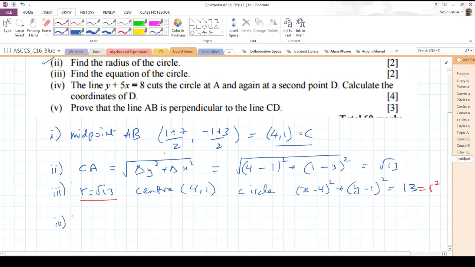Yeah, good. So if we've got y equals 8 take away 5x, if I just rearrange this equation here, and we were to substitute that into the circle equation, you've got (x minus 4) squared plus (8 take away 5x, take away 1) all squared, equals 13.